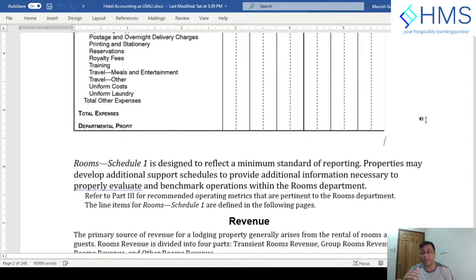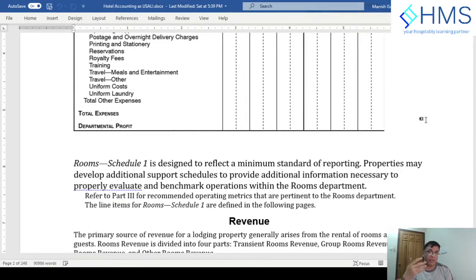So lots of things. We will be looking at them in a bit more detail one by one in a short while, where we will give you the definition and explain what goes into these lines. So stay calm. Then you have total expenses, and then you finally get a departmental profit.